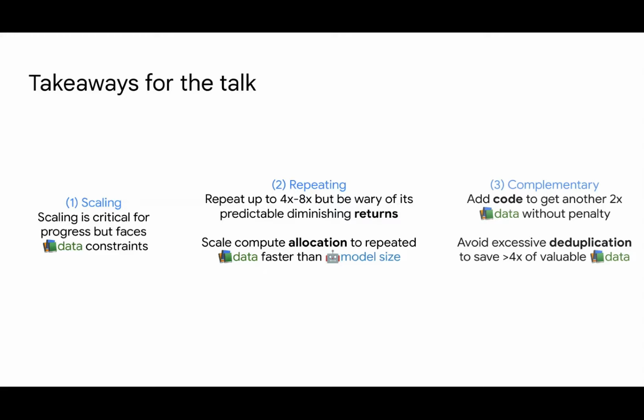We used this to judge both the returns and the allocation of scaling large language models under data constraints. Finally, acknowledging that issues of scale may not be solved by data alone, we looked at complementary approaches to improve models. We find that utilizing code in addition to natural language can improve on practical downstream tasks.